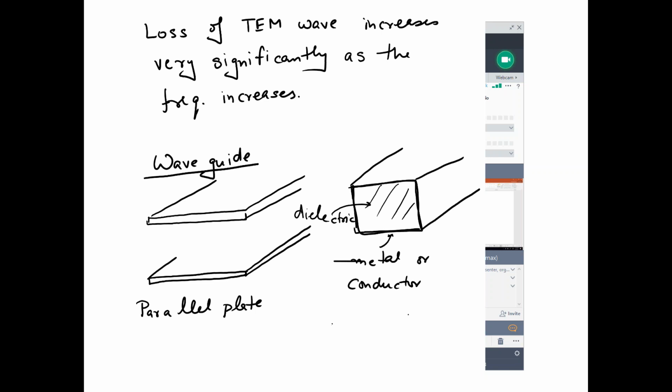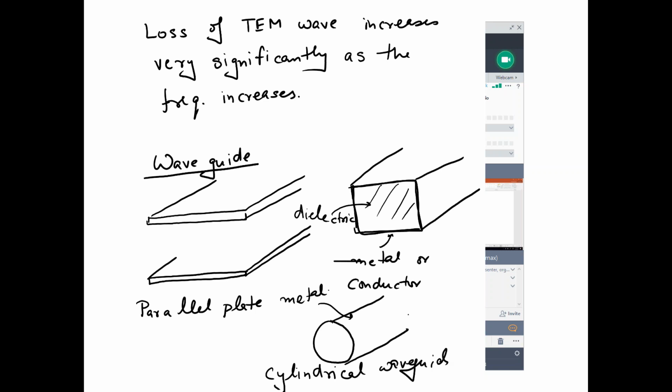And then we will start to create a cylindrical waveguide. Still all metal. If time permits, I'll show you how this cylindrical waveguide leads you to an optical fiber.